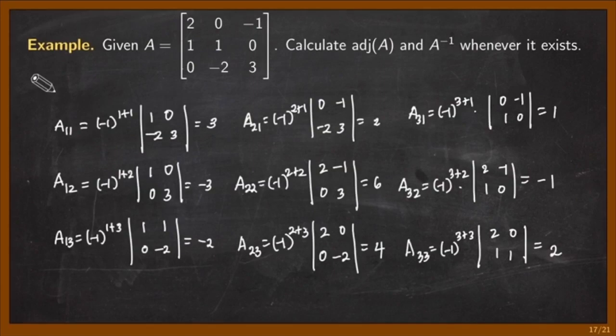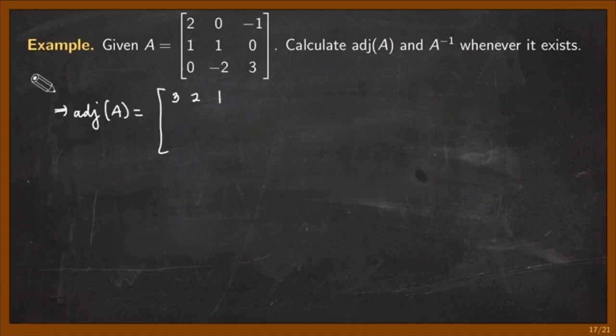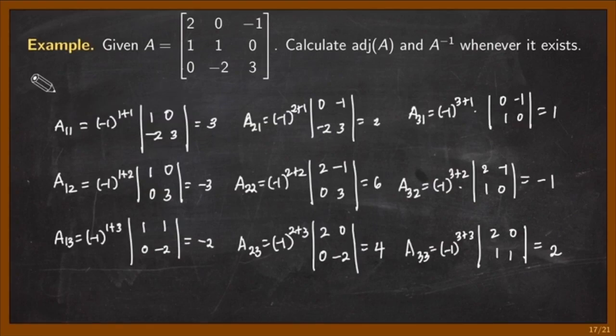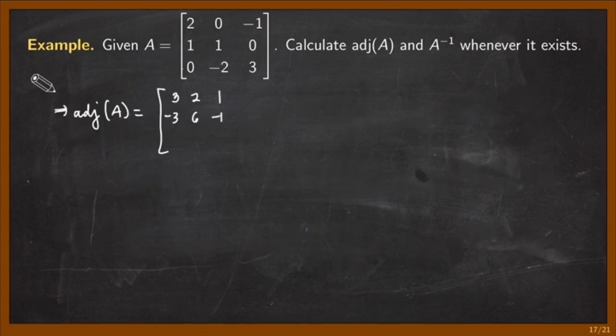And then negative 3, 6, negative 1. And then negative 2, 4, 2. Okay? So I think this is the adjoint of A.